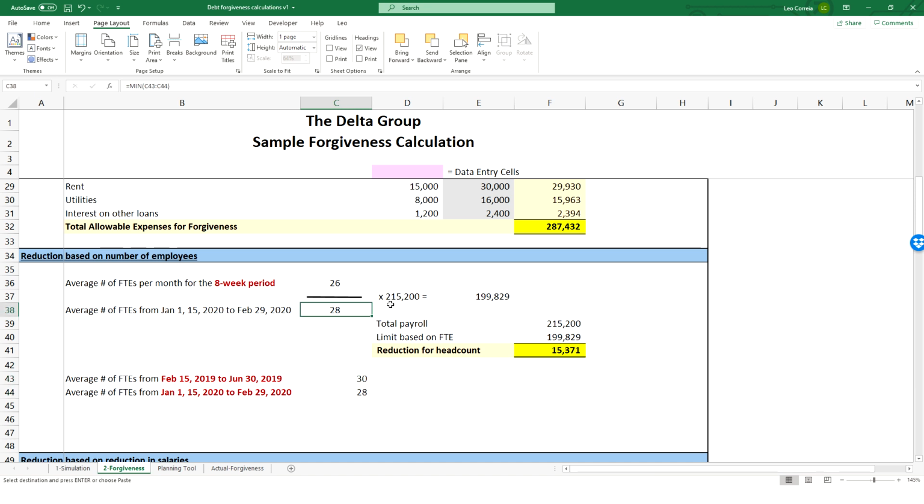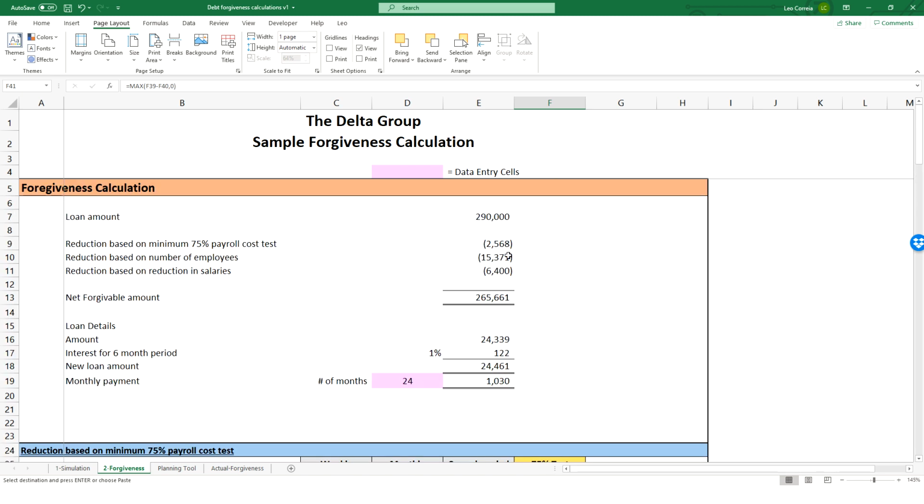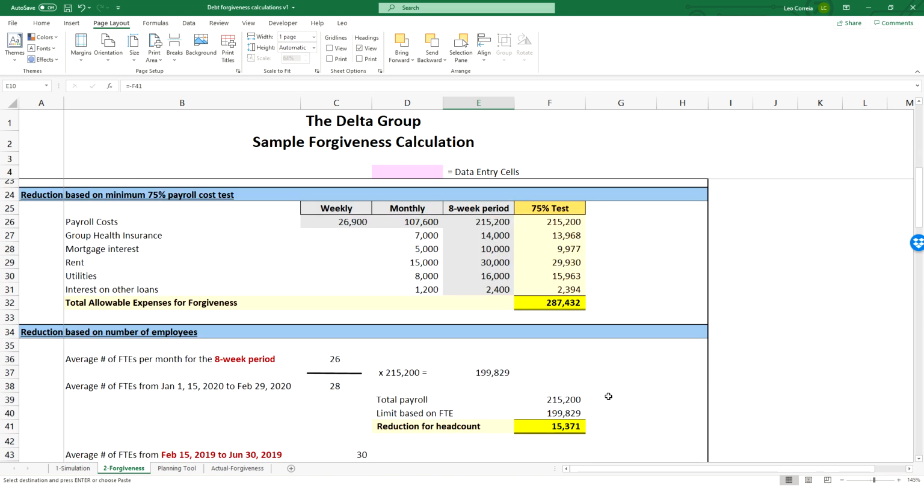And if I look at that, it takes $215,000 and reduces it to $199,000 as allowable. When I do the math and subtract the 199 from the 215, that's a reduction caused by headcount of 15,371, and that number comes up here to the forgiveness calculation.